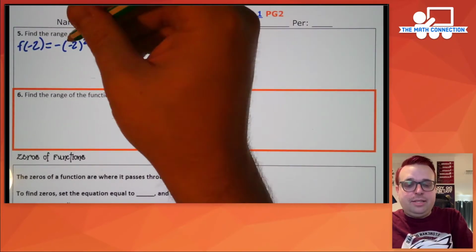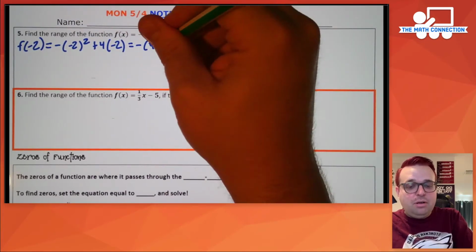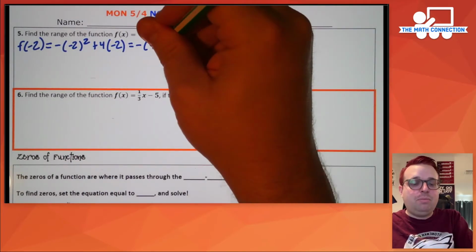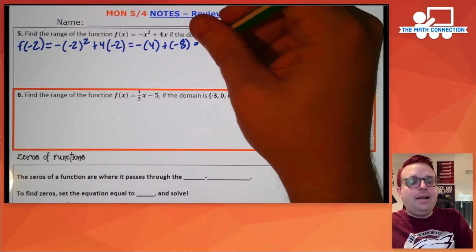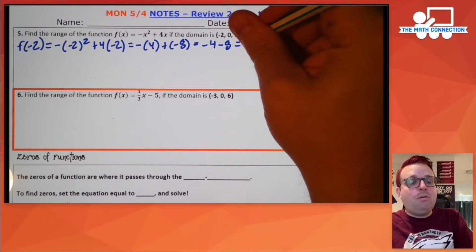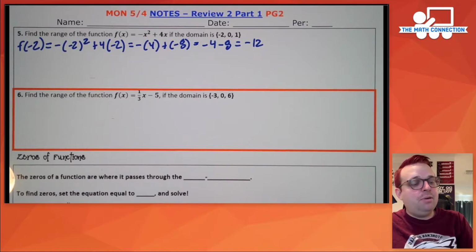So let's do -2 squared first. That's -4. And then we have plus, but we have 4 times -2, so plus -8. Keep calculating. You're going to get -4 minus 8, and -4 minus 8 is -12. Okay, so that's the first output.